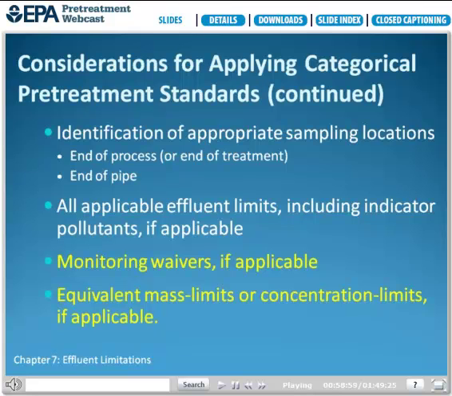When you start commingling waste, it makes the permits much more difficult, and you have to have a lot more information in order to determine the proper standards.